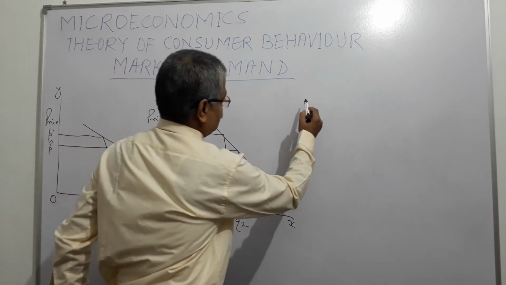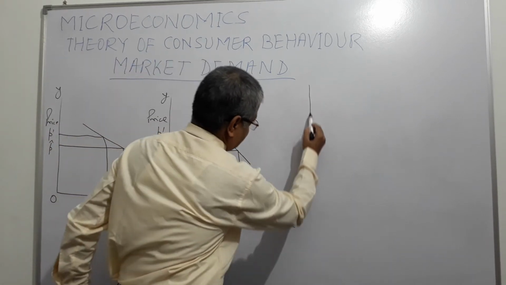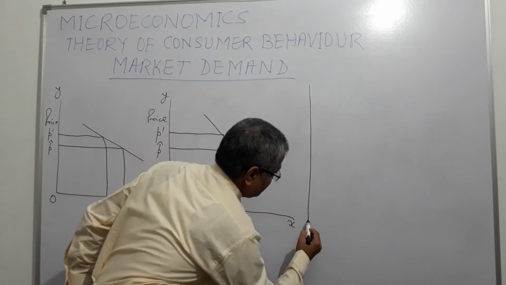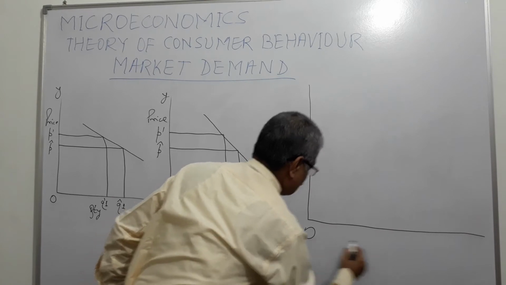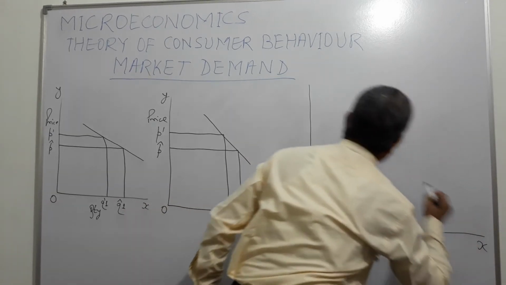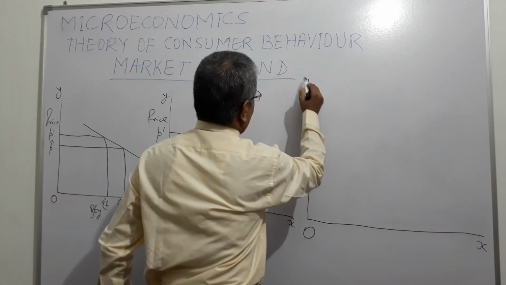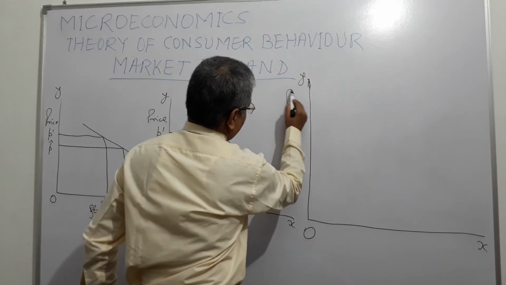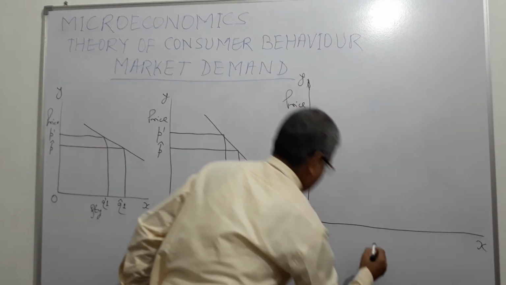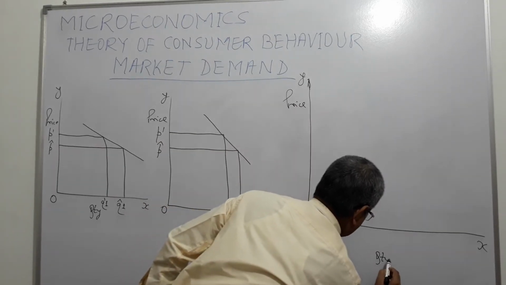Now we will do the horizontal summation to derive market demand. O, X, Y, this is price, this is quantity.